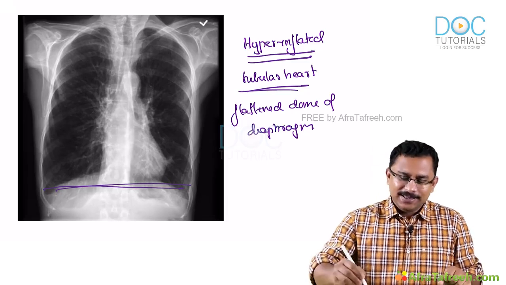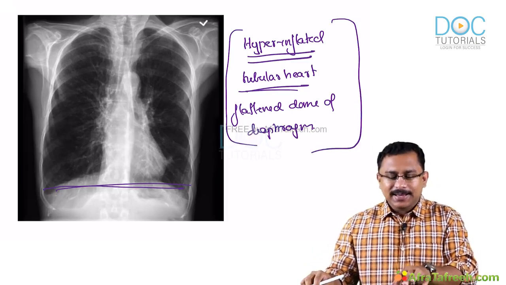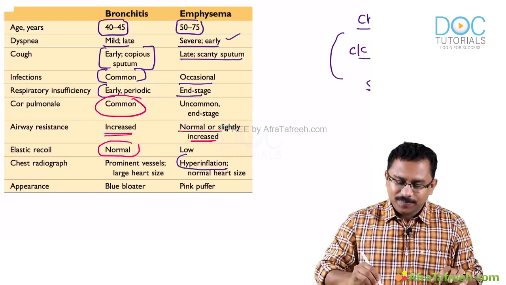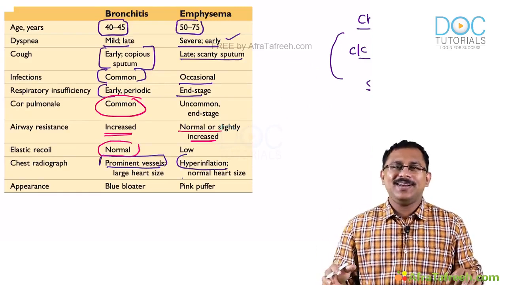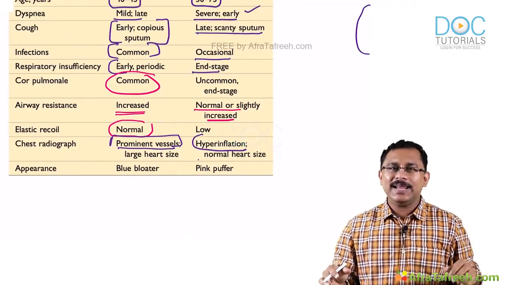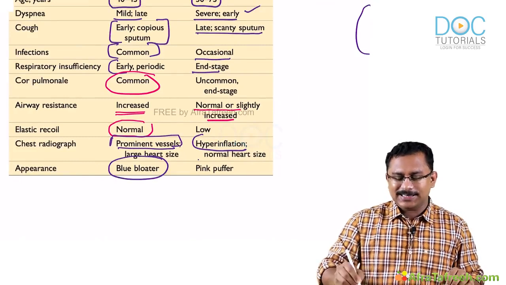Okay, alright, so you will have a hyperinflated chest here, and hyperinflation is prominent here, and you see here the vessels are very much prominent in case of a bronchitis. Okay, the bronchoalveolar markings are slightly more prominent.